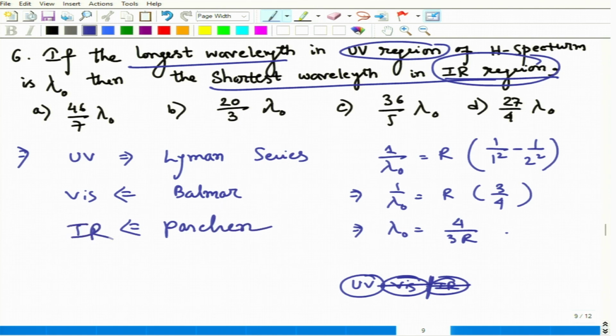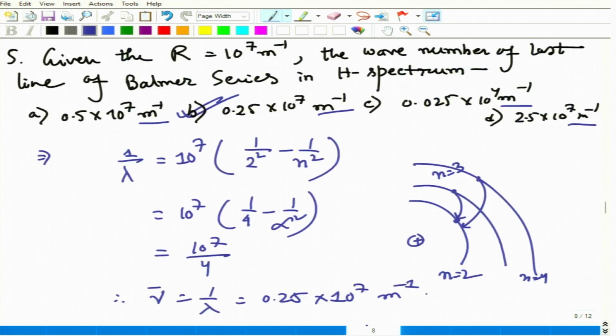So for that, 1 by lambda should be R into 1 by 3 square minus 1 by n square, but you need the shortest wavelength, that means the higher energy gap, that means it should be again infinity, just like the previous problem we did.